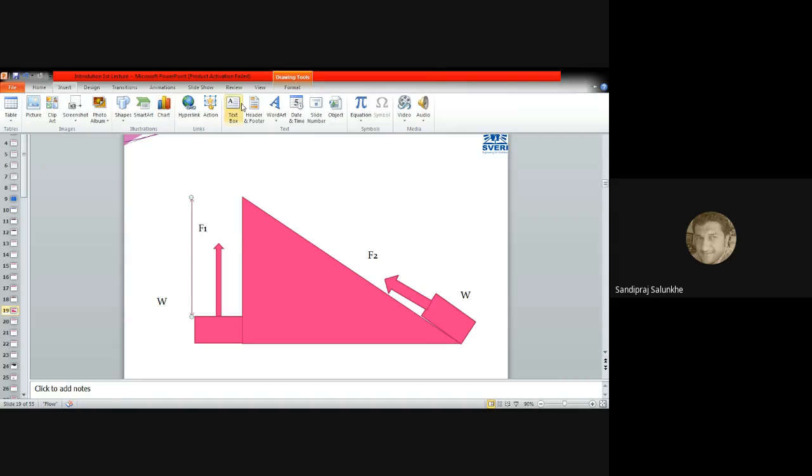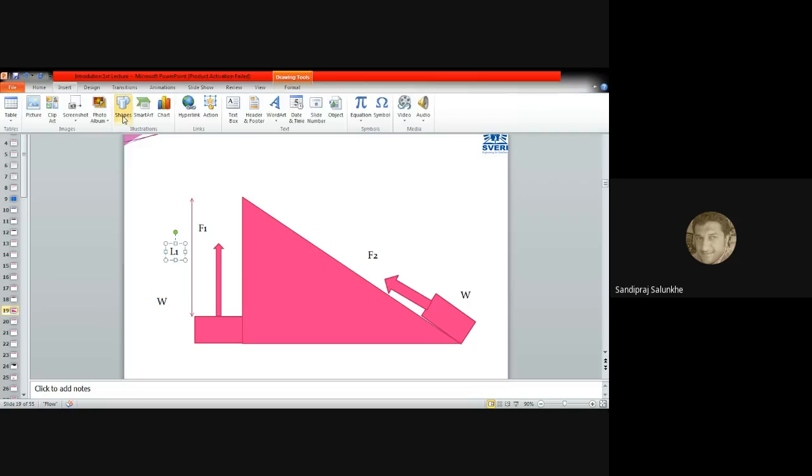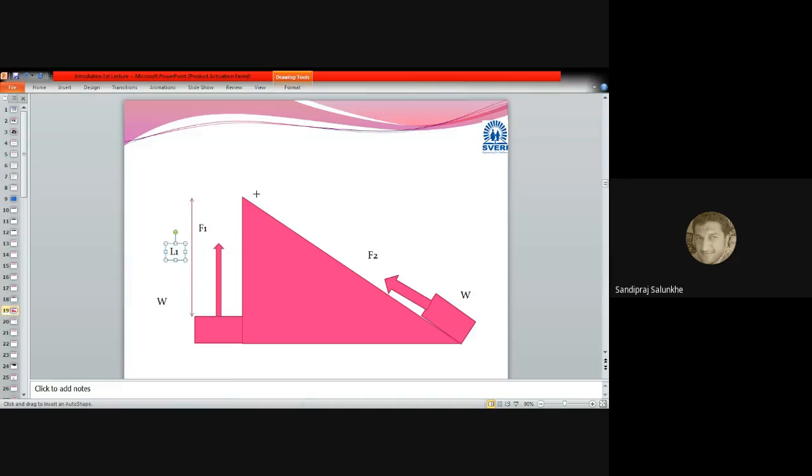This distance, suppose we consider it as L1, and this distance which we are going to travel from this point to this point, up to the center of this weight, is L2.